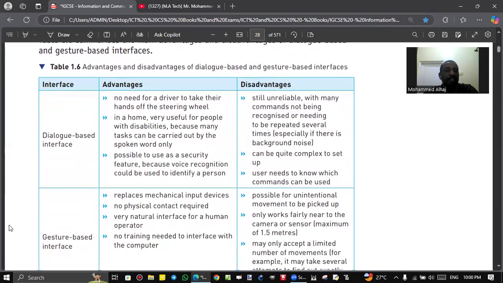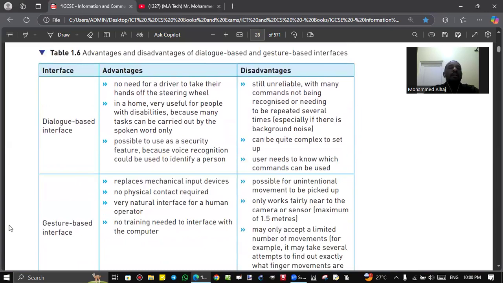Here we also have some advantages and disadvantages of the other two types of interface, which are dialogue-based and gesture-based. For the dialogue-based one, one of the advantages is that there is no need for a driver to take their hands off the steering wheel. While you are driving, you can just talk, and it can be connected to the device using voice as a method of connecting to the system.